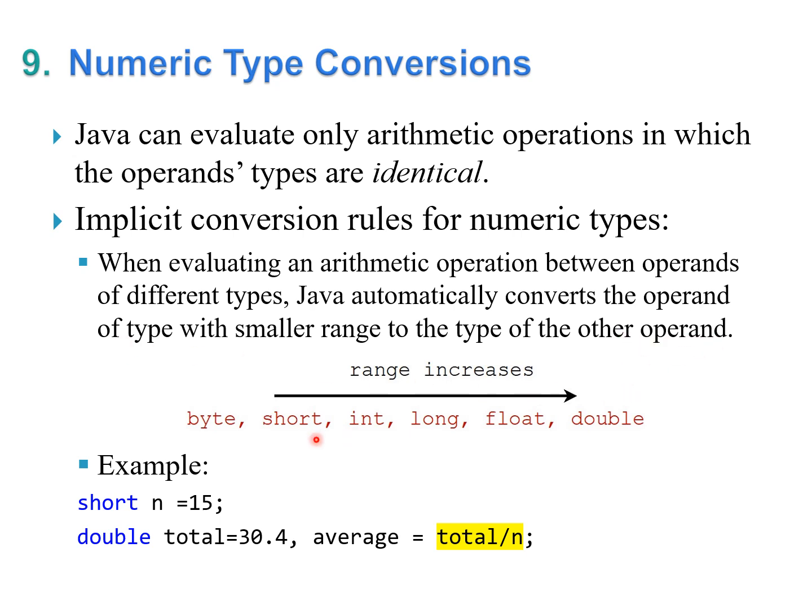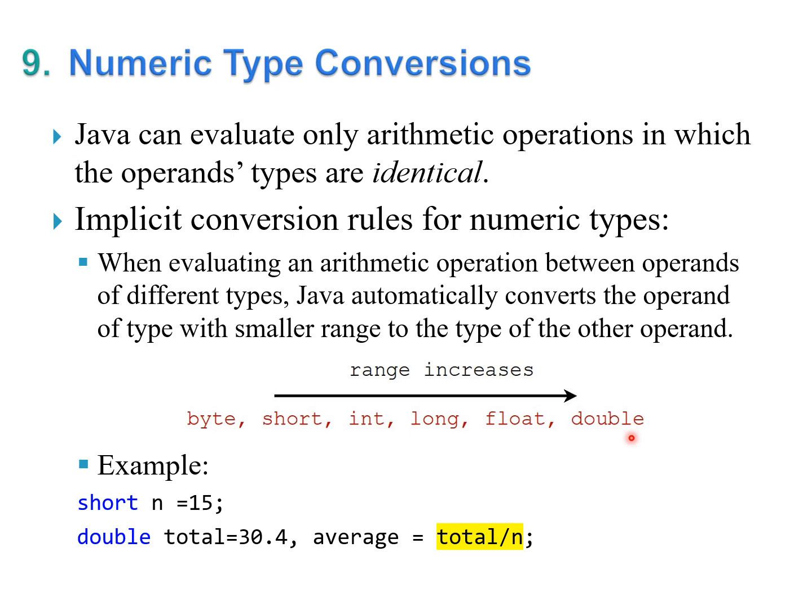Recall that we have five primitive types for numeric values, and here is the list sorted in increasing order of range. The byte type has the smallest range, and the short has the second smallest range, and then int, and then long, and then float, and then double.